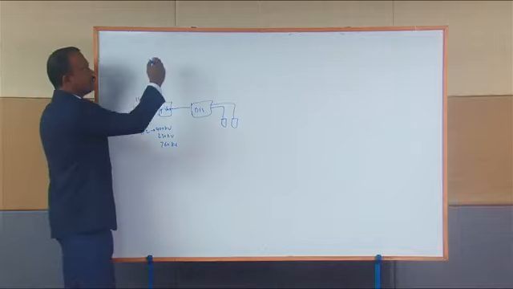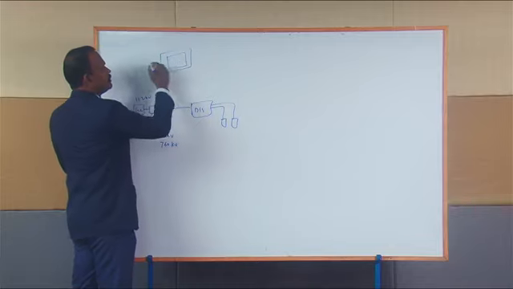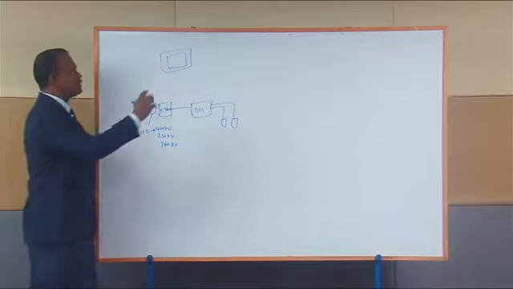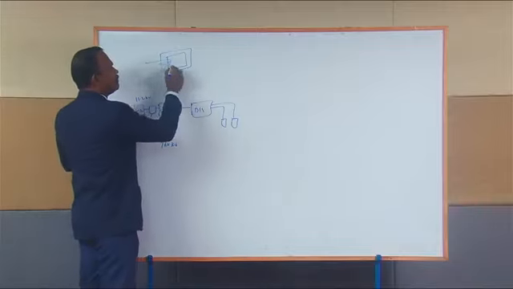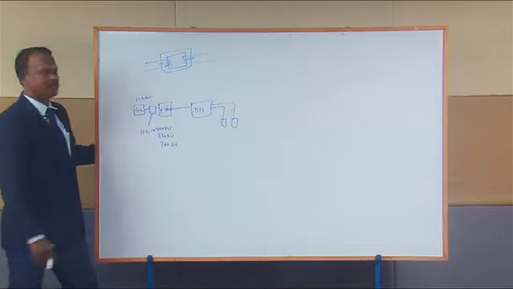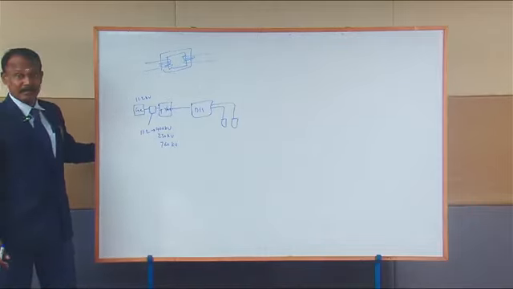We know that the transformer is a static device. Inside the transformer, we have two windings. One winding we call the primary winding, the other we call the secondary winding.